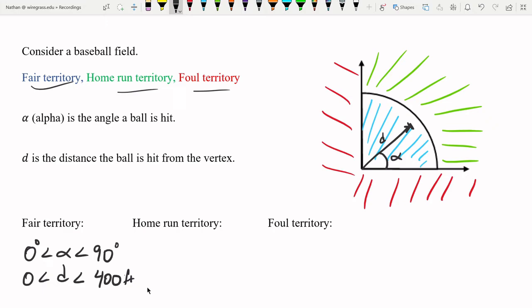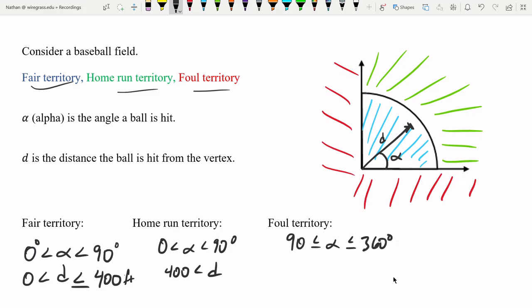Now that's the fair territory. Home run territory, let's actually make this less than or equal to 400 feet. Home run territory is going to be the same angle, can't be a foul ball, and it's going to be everything greater than 400 feet. That's when you get a home run. And finally, everything else is in foul territory. I can write it like this. I can write 90 less than or equal to angle, less than or equal to 360 degrees. 360 degrees ends up being a full circle.